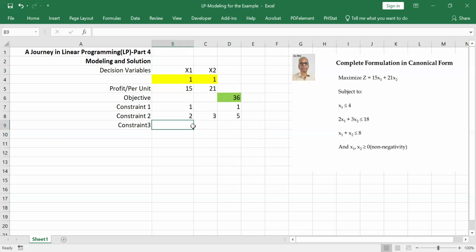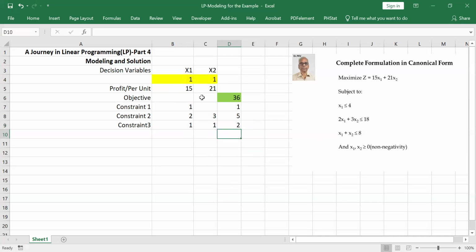Then the third constraint, the raw material 2 constraint, has coefficients 1 and 1 in the canonical form. Therefore, its value is equal to this cell B9 star B4 plus C9 star C4.